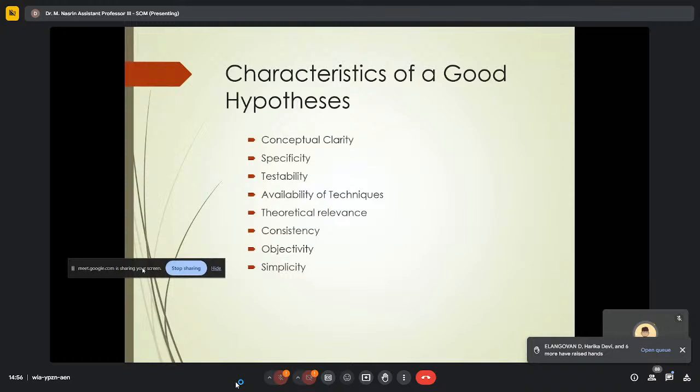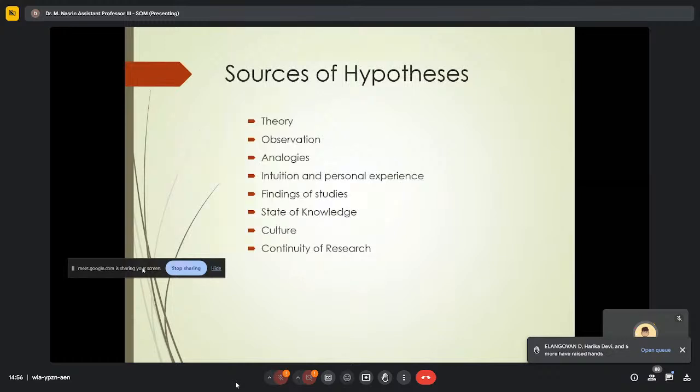So, on the whole, the characteristics of a good hypothesis are conceptual clarity, specificity, testability, availability, theoretical relevance, consistency, objectivity, and simplicity. Sources of hypothesis: first you have to read sufficient theory, do some observation, then analogies, intuition and personal experience also matter when we frame the hypothesis.